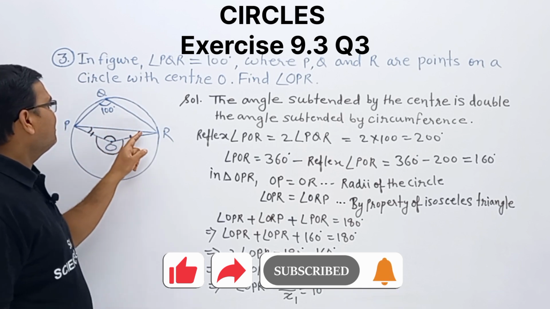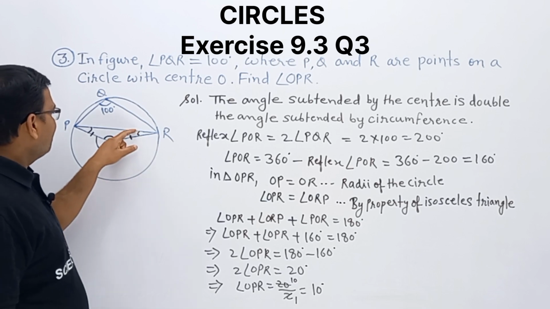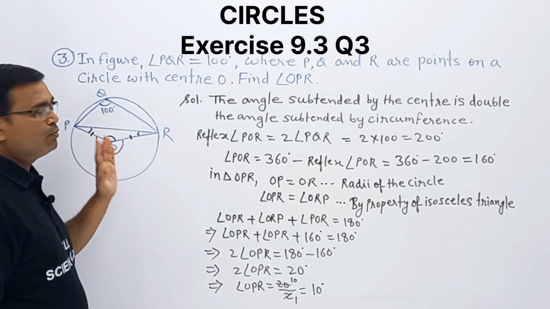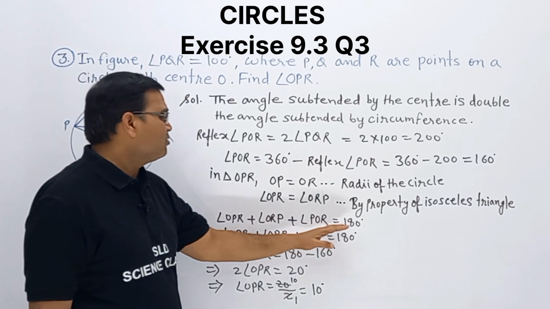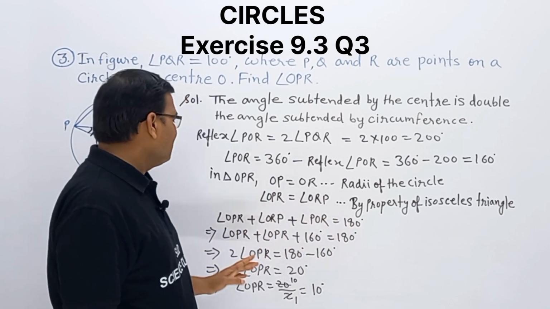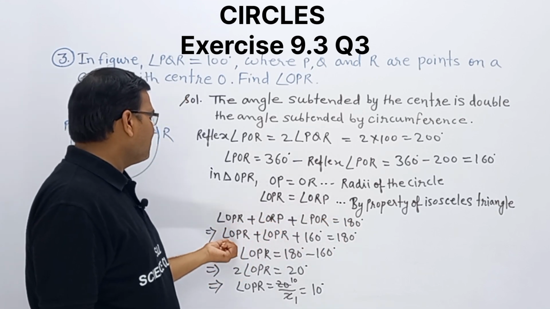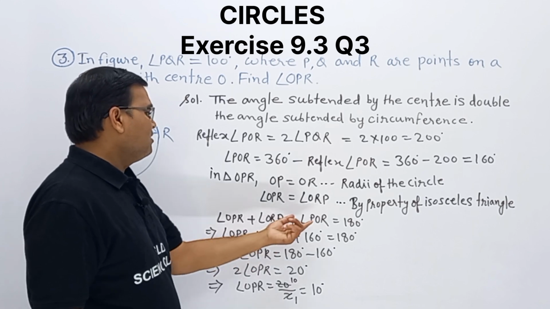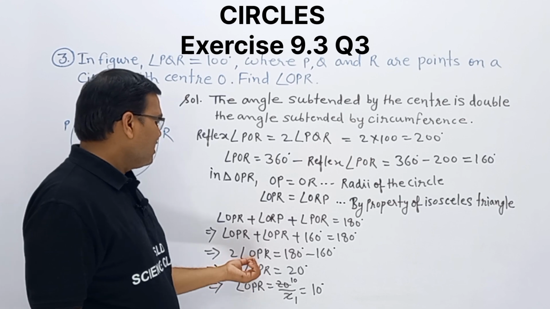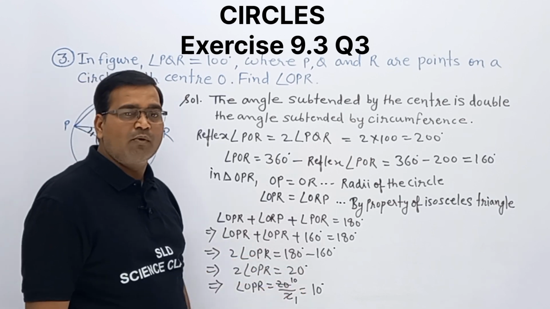So this angle and this angle are both equal. Summing these three angles and equating to 180, ORP can be written as angle OPR, and angle POR is 160. Solving for angle OPR, we get 10 degrees. This is the required answer.